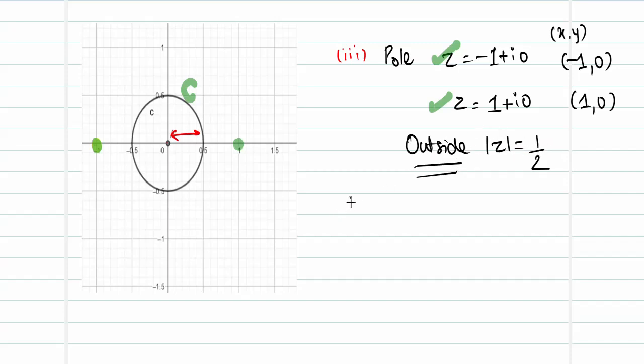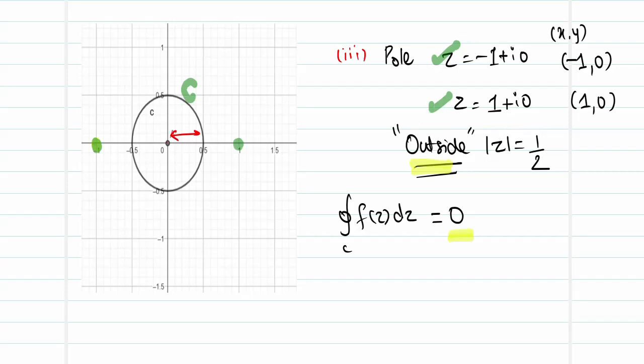What will happen to the value of the integral for the poles that lie outside our boundary? Yes, you are right. The value vanishes when the poles lie outside. So when the poles are outside, the value of the integral is going to be 0.